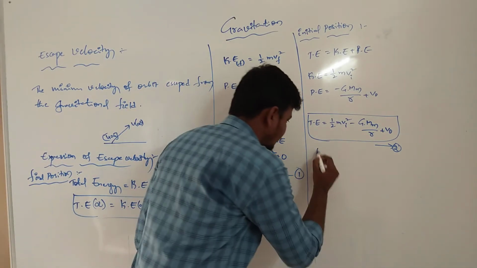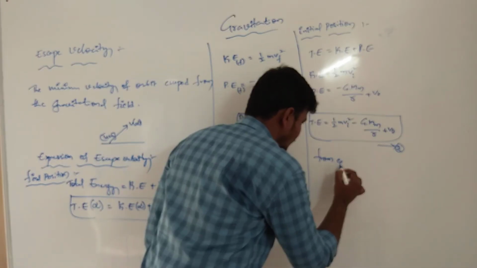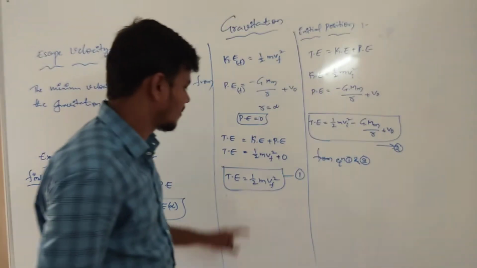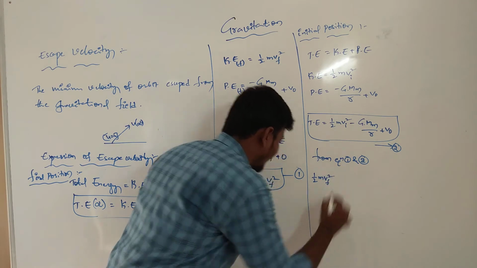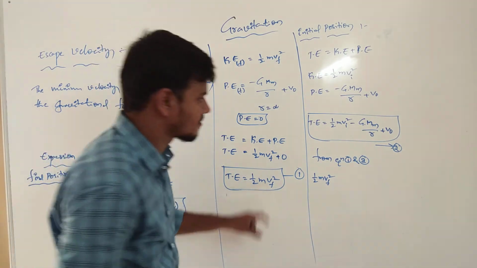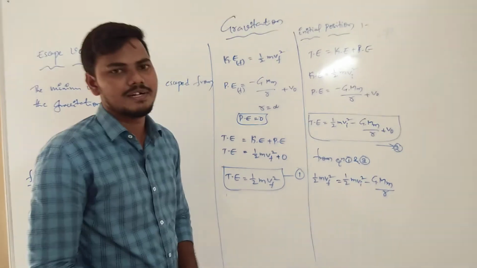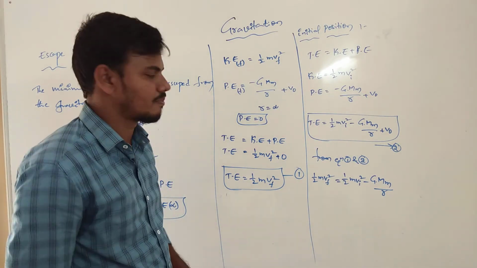From equations 1 and 2 being equal, first we have half m v_f squared equal to half m v_i squared minus G M m by R plus h, where h is the initial property we can apply.